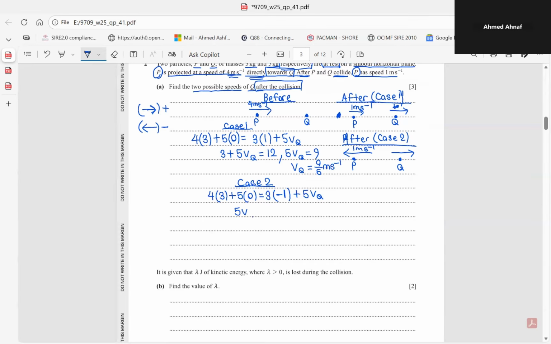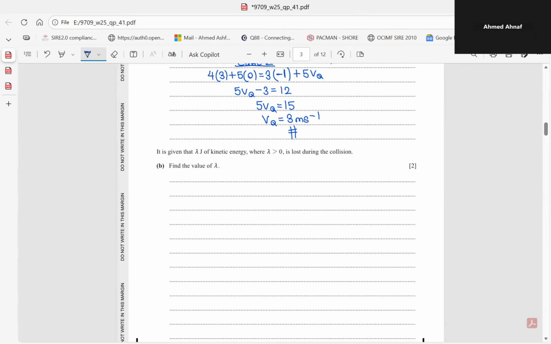I'm swapping the left and right sides. So 12 equals 5 VQ minus 3, so 5 VQ equals 15. And therefore, VQ would be 3 meters per second. So these would be our final 2 speeds for Q, and we can move on to the next part.